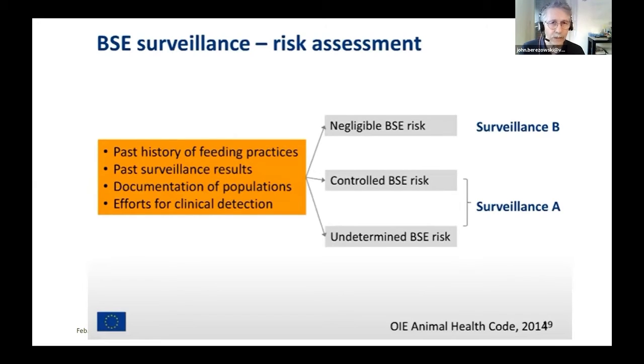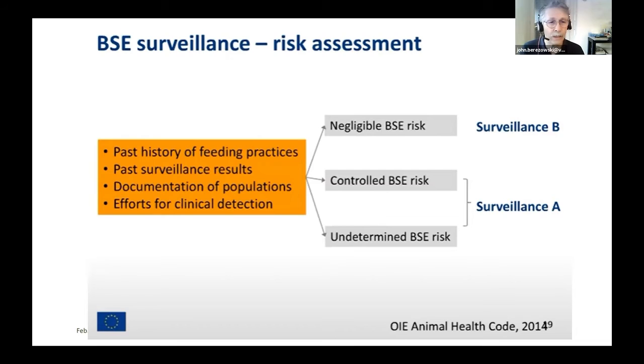So BSE surveillance is based on a risk assessment that's performed in each country. And we classify countries into 3 categories of risk: negligible risk, controlled risk, and undetermined risk. And the risk assessment is based on a history of feeding practices, whether they fed meat and bone meal from cattle to cattle, past surveillance, whether there was good surveillance and it detected cases or not, and the documentation of the population.